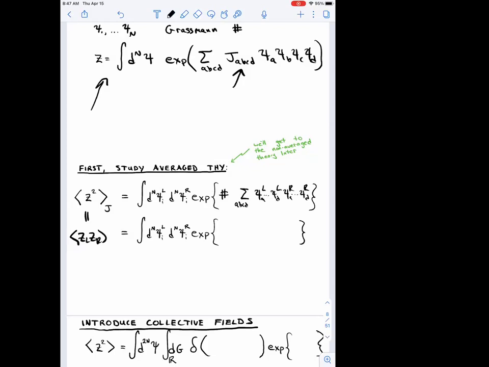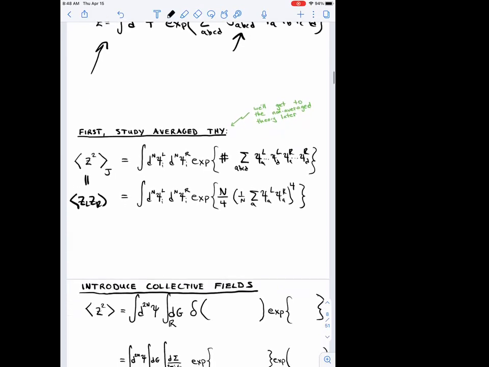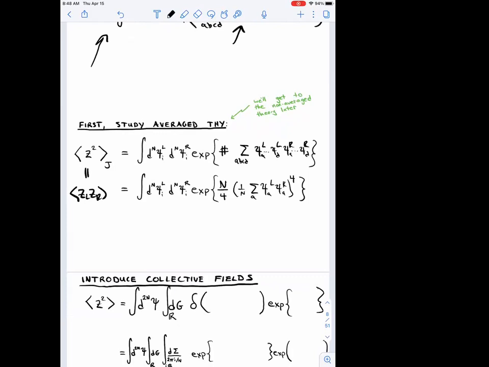And you can rewrite this as some number times (1/n sum over A of psi_A left psi_A right) to the 4th power. It's convenient to pick the variance of the J couplings so that the number that goes here is just n over 4. That's a choice of the size of the fluctuations in the J tensor. Okay, so that's the disorder average.